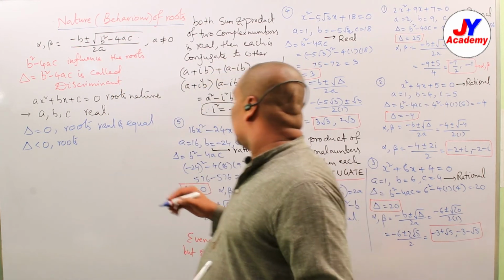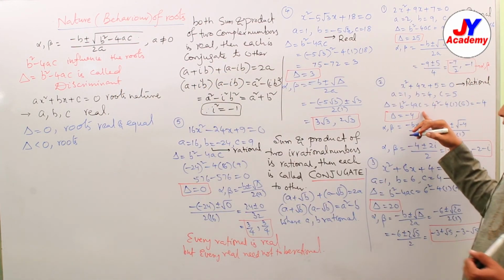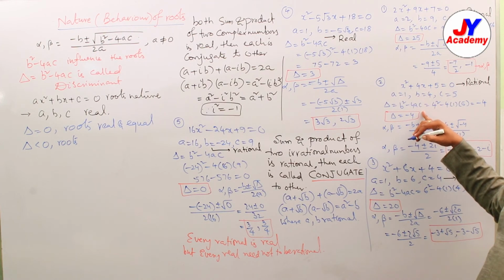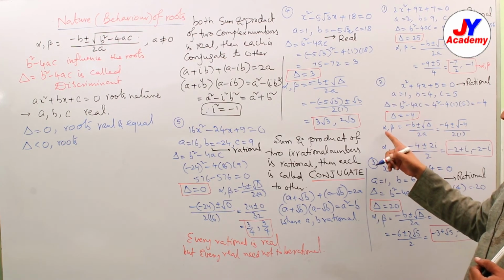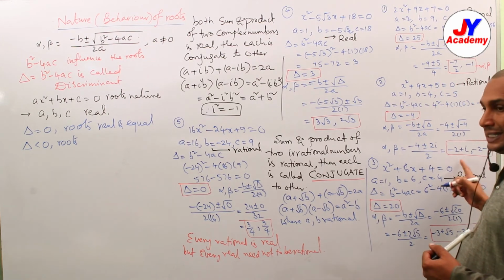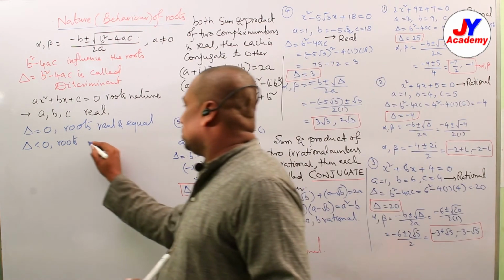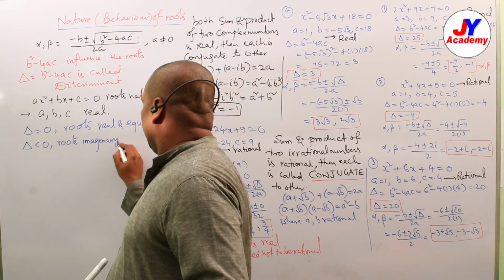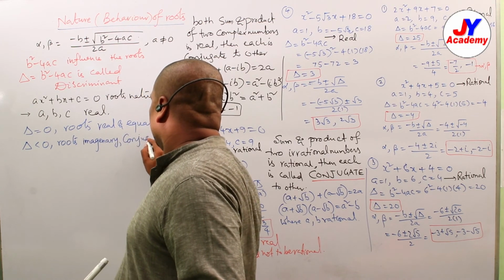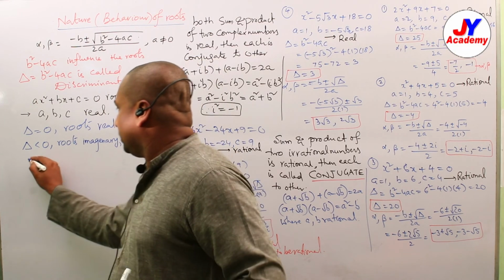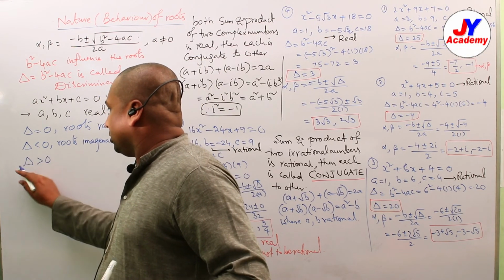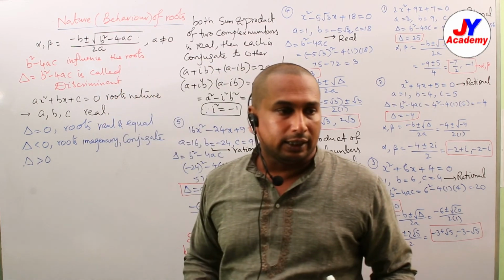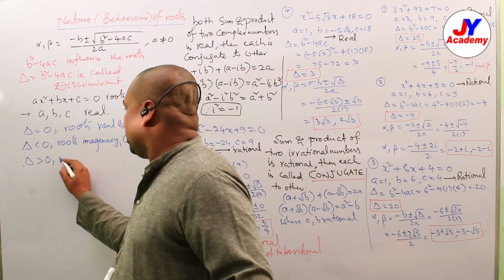Delta less than 0, what about roots? Where did we get delta less than 0? Here. When delta is less than 0, we get complex roots: the roots are imaginary and conjugate. Delta greater than 0, what about roots?